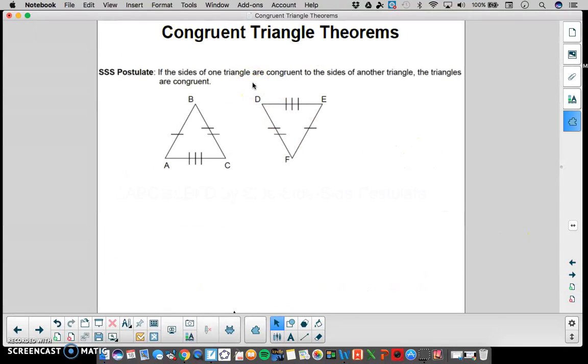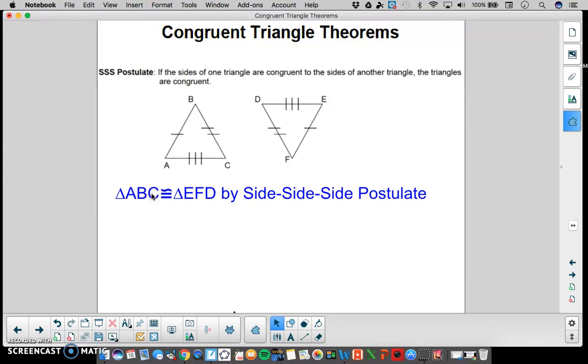So now let's talk about all of these. The first triangle postulate we have is the SSS postulate. So if the sides of one triangle are congruent to the sides of another triangle, then the triangles are congruent. So if we have all the measures of those sides congruent to all the measures in another triangle, we have enough information to show that those triangles are congruent.